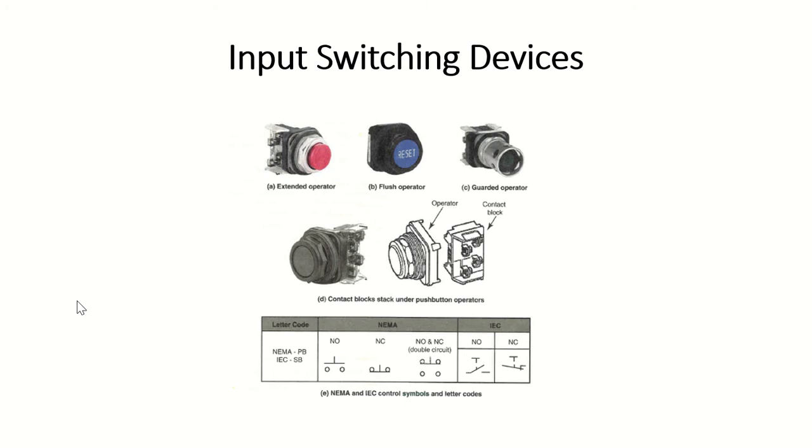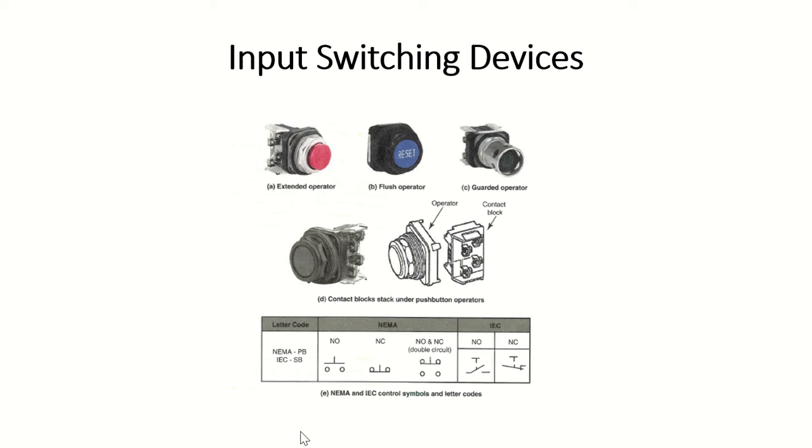Some of these, like the guarded operators, are even keyed, so you may need a special key to activate that switch. And most of the ones that we're going to use in our classroom are like this D, where it's a flush, or sometimes you'll see the extended, with these bolt-on contact blocks that go onto the back of our operator.